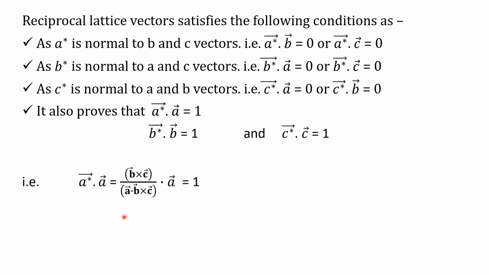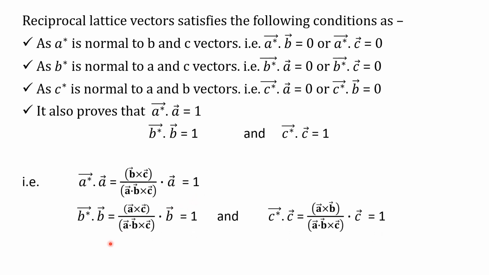See one case: vector A star dot A, with A star we found earlier as B cross C divided by A dot B cross C, dot A is always 1, since numerator and denominator are the same. Similarly, other conditions also we get: B star dot B is 1 and vector C star dot C is 1.